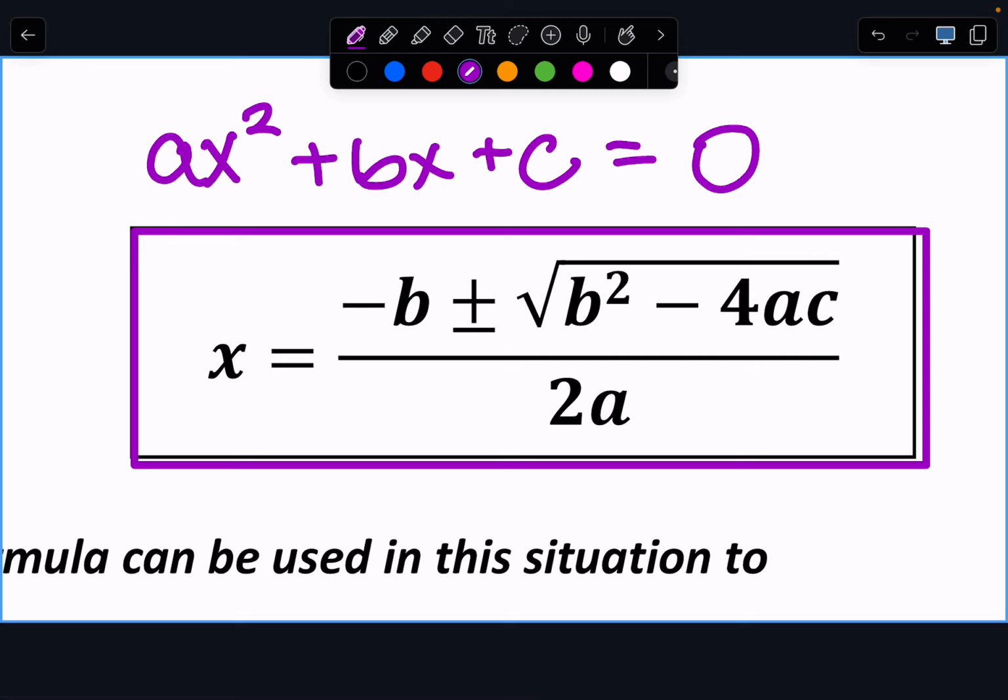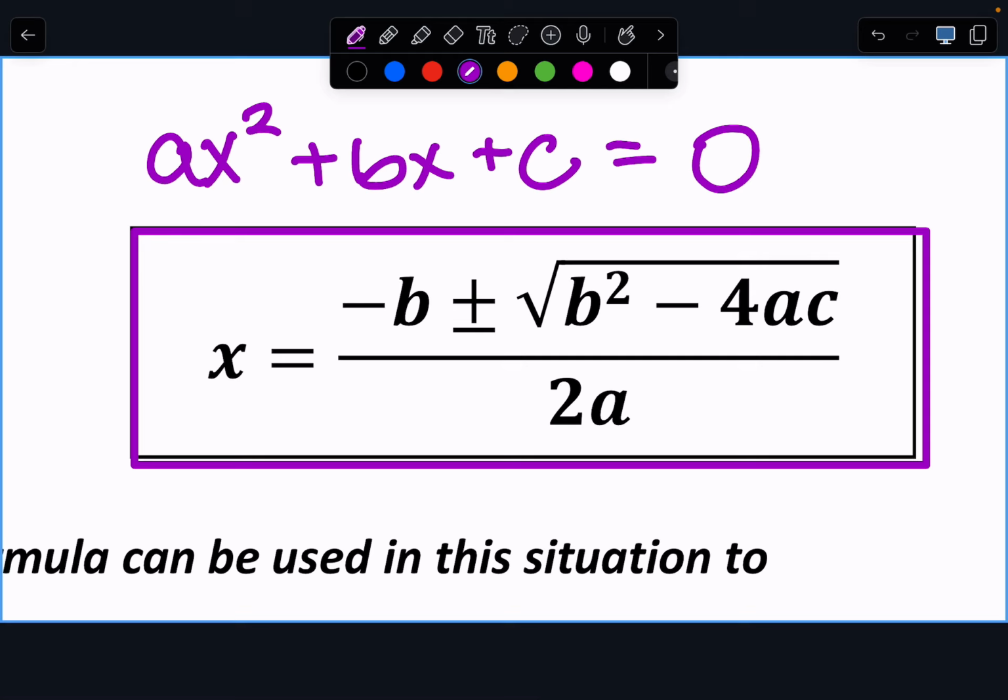To help you remember the quadratic formula, there are some teachers that sing it to the tune of Pop Goes the Weasel. Do you know the song? You don't know Pop Goes the Weasel? Okay, this will be the one and only time I sing for you. Don't ever ask me to do it again.